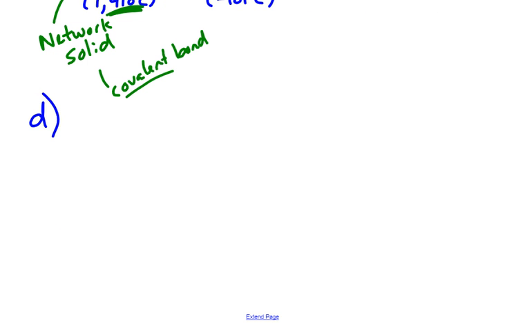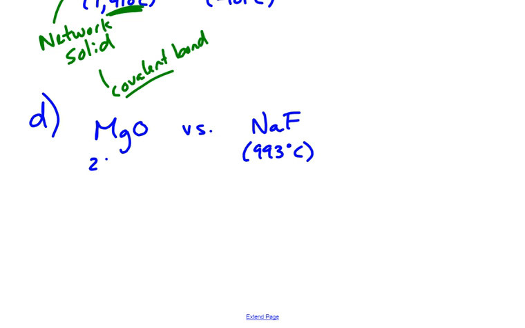And then finally, very important problem. You have two salts. Again, they're giving you all the information already. So this is a much higher melting point than that one.